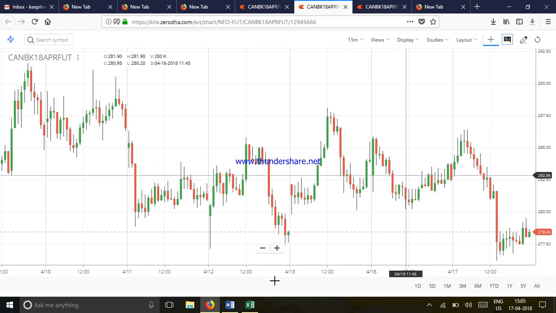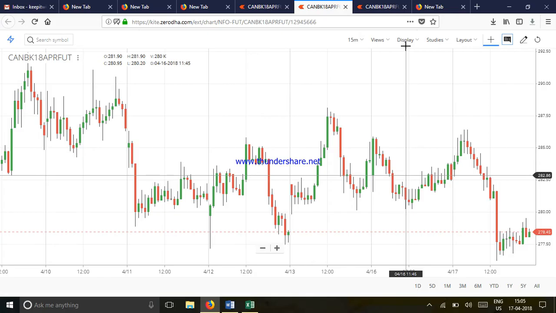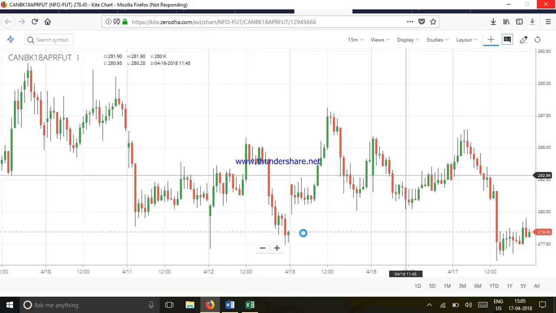The aim here is to get at least 2 or 3 rupees profit in a day, whether on the long side or the short side. Here we see Canara Bank futures, Nifty futures.